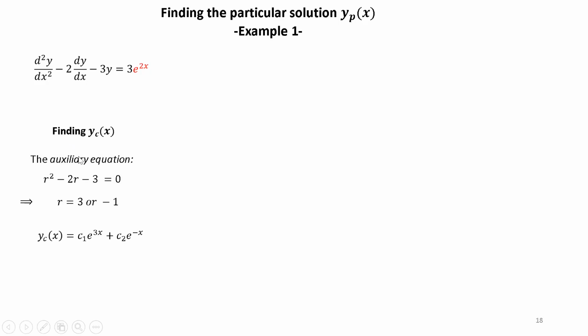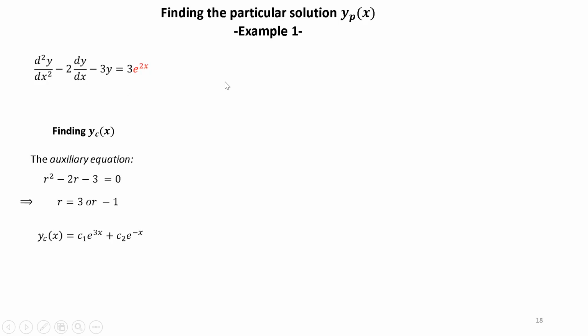Then you will obtain this auxiliary equation, and you find that the roots are 3 or -1, and then this is the complementary solution. That's the first step.